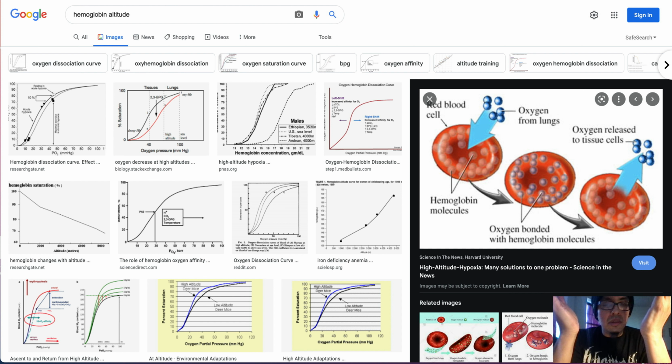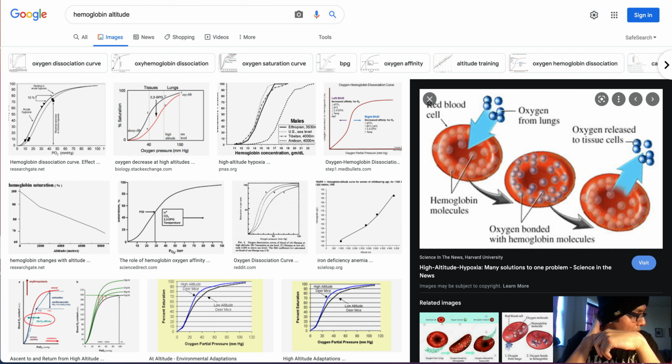Well, due to gravity, right? At levels close to sea level, you're going to have a higher partial pressure of oxygen in the air mixture that you're breathing in. And for those of you who remember your basic science, the proportion of oxygen per volume of air is about 21%.